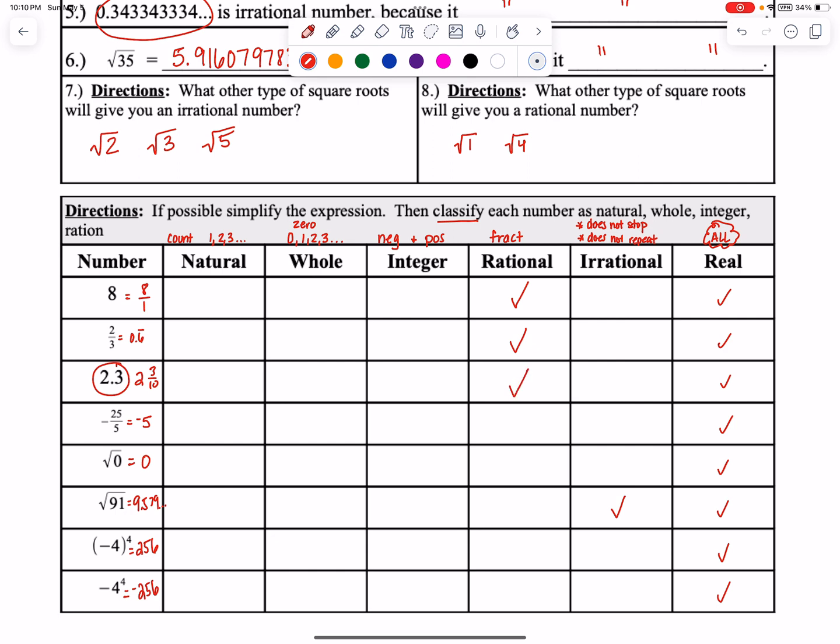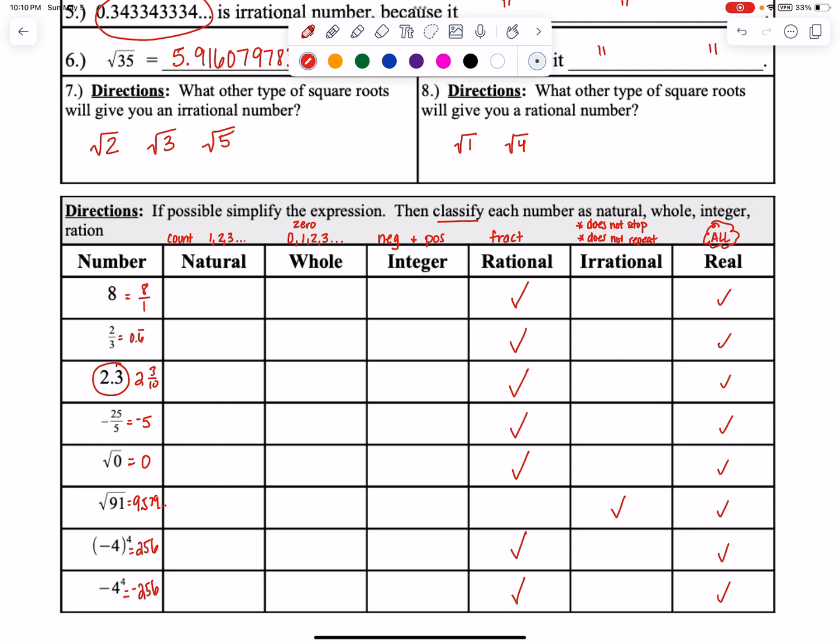We already see this one as a fraction. Can the number 0 be written as a fraction? Yeah. And then we have that weird one. Irrational cannot be written as a fraction. 256 could be written 256/1, and -256 could be the same thing over 1. So those are all rational numbers.